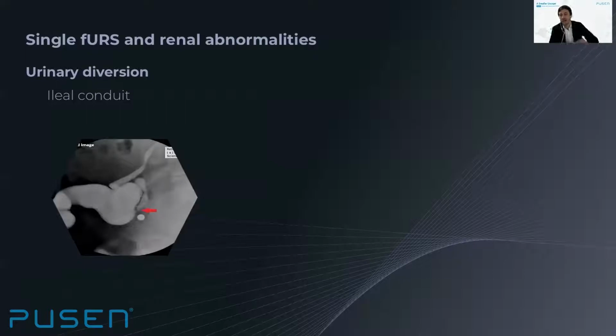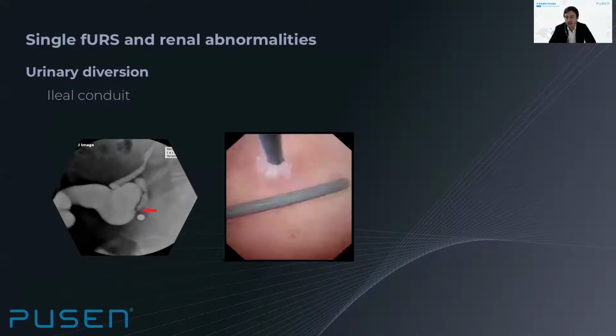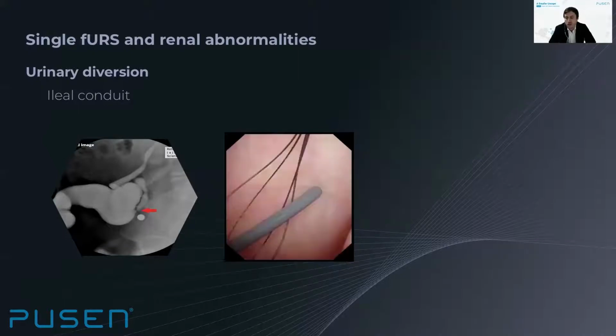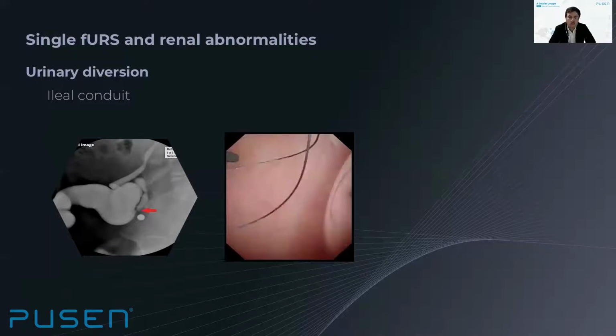In this other case, we will see an ileal conduit with the insertion of the ureter more angled. The entry to the ureter was impossible due to this angle, so an anterograde guide wire was placed and removed with a nitinol basket through the ileal conduit to be used for a retrograde insertion of the flexible scope.